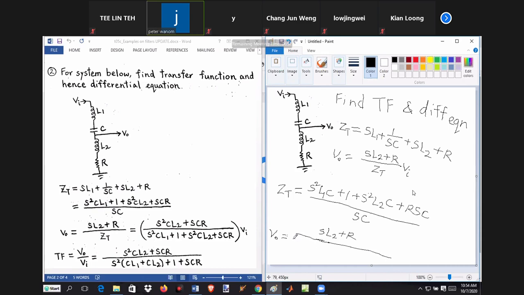Divided by S square, the square coming in.